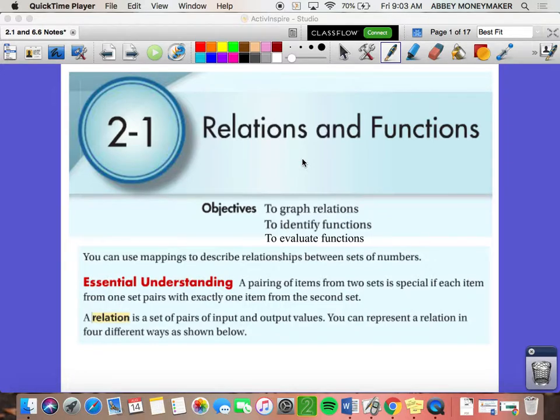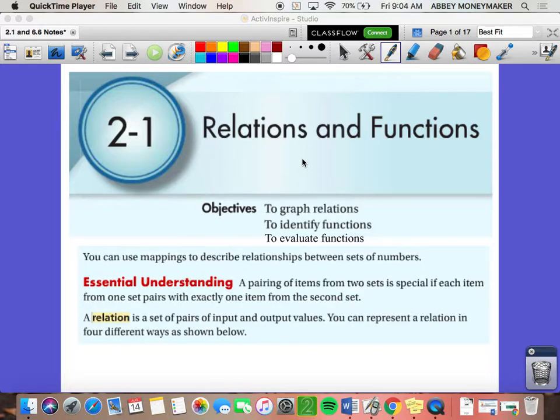So here we go. It says here you can use mappings to describe relationships between sets of numbers, and we're going to look at that when we look at different types of relations. So the essential understanding here says a pairing of items from two sets is special if each item from one set pairs exactly with one item from the second set. A relation, it's bold and it's highlighted, so it's probably important.